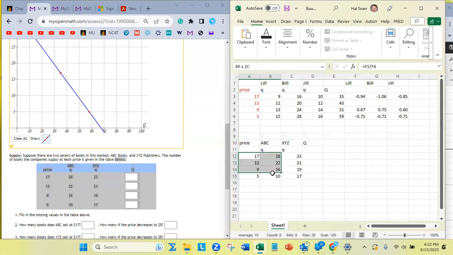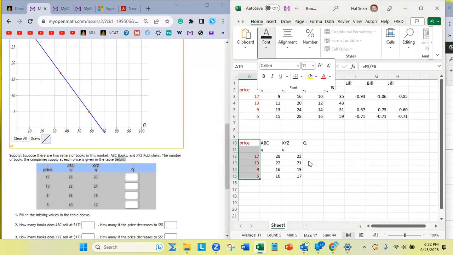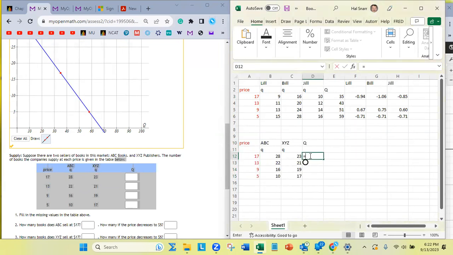Okay, so again, these numbers are on the right side of their cells, and these letters are on the left side of their cells, right? So Excel sees this as a number, right? It sees these as numbers. Now I need to sum up the quantity supply. The price, again, we're going to make red. And then we're going to sum, add up 28 and 23, right?